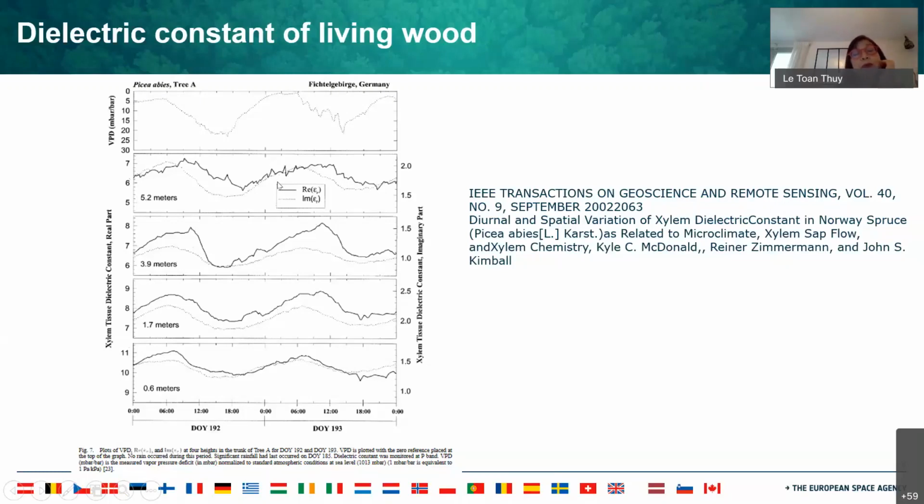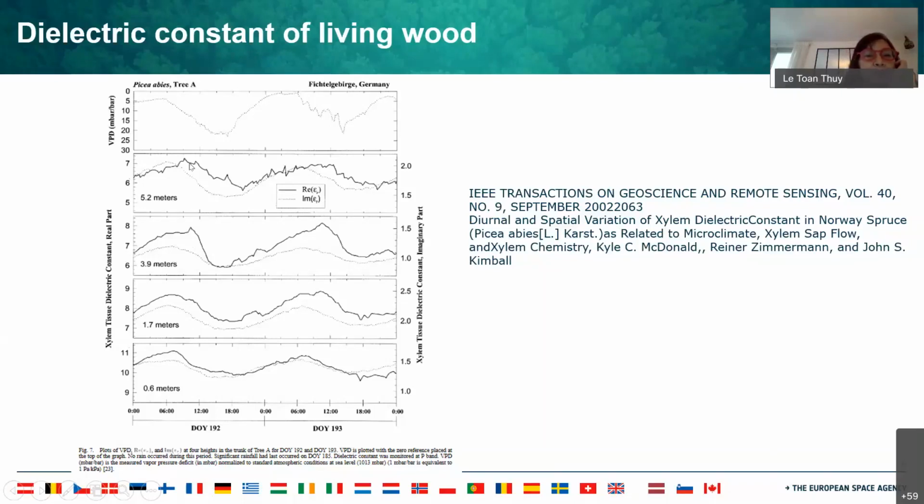Here they compare with the vapor pressure deficit of water. We can also measure it as a function of the sap going up and down, so the dielectric constant goes up and down in the trees according to the time of the day.